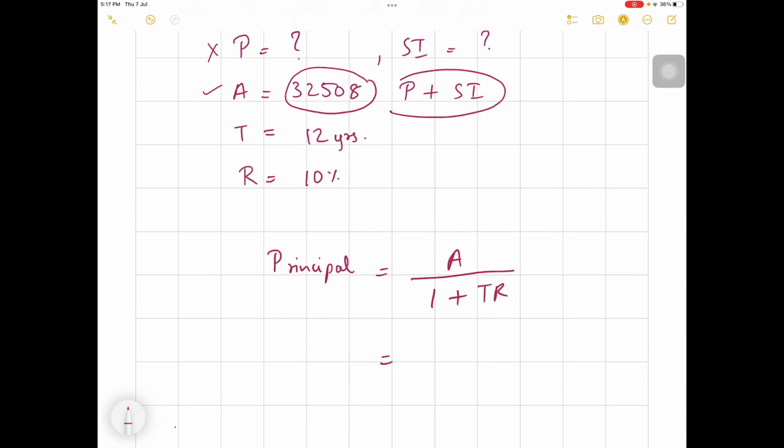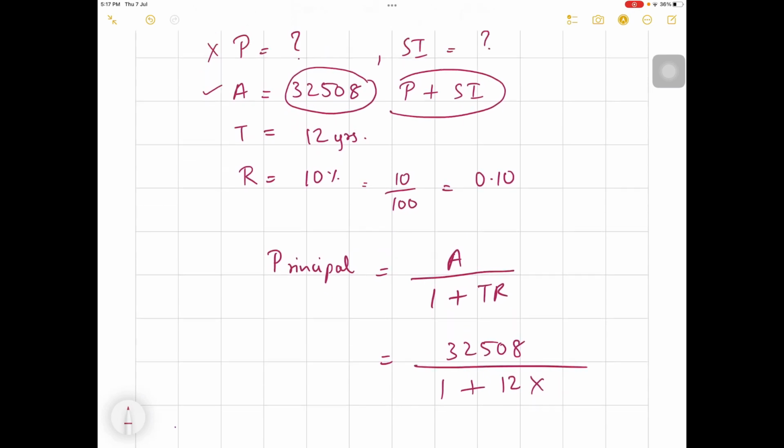Okay, so principal we don't know, amount is 32,508 divided by 1 plus 12 into R. R is 10 upon 100, right? So 10 upon 100 can be written as 0.10.